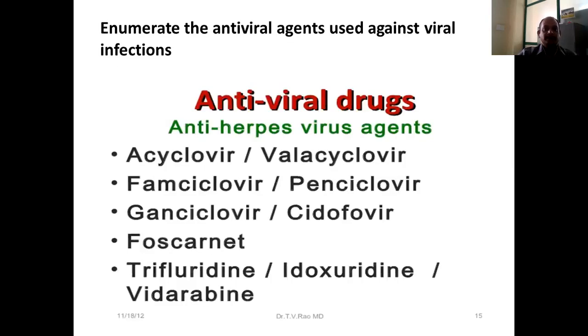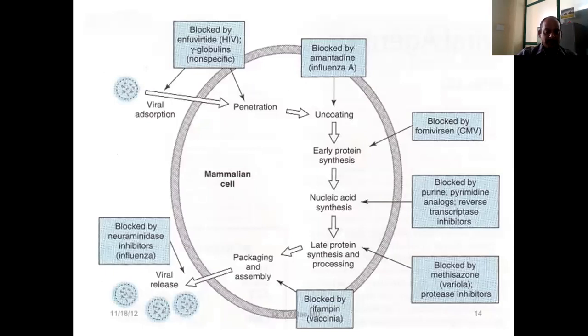Enumerate the antiviral agents which can be used against viral infections: acyclovir, valacyclovir, ganciclovir, and these are the mechanisms of action of these agents.